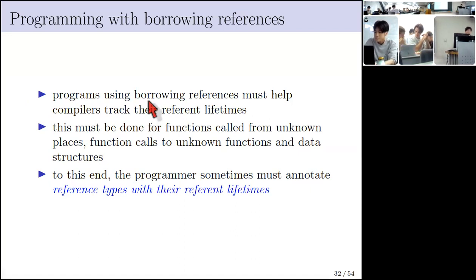So this is the sort of intended lifetime of these borrowing references. Especially, this has to be done when you are using functions or data structures: functions called from unknown places, function calls to unknown functions, and data structures.